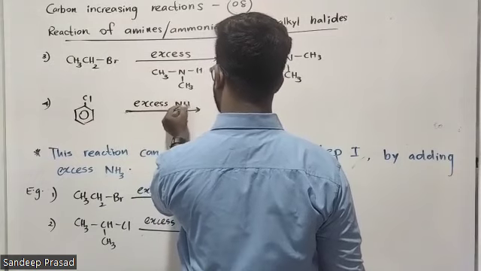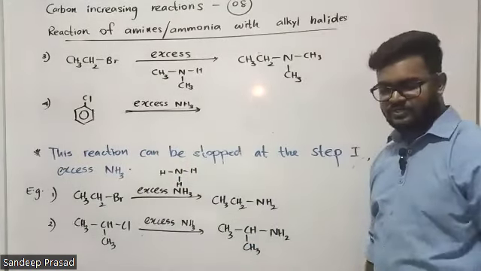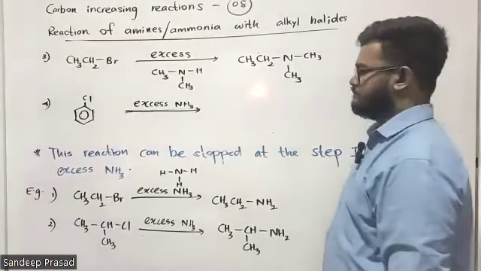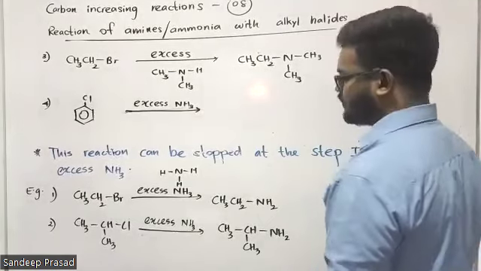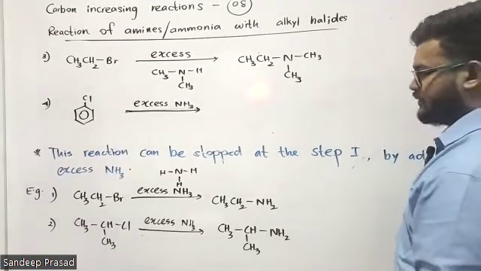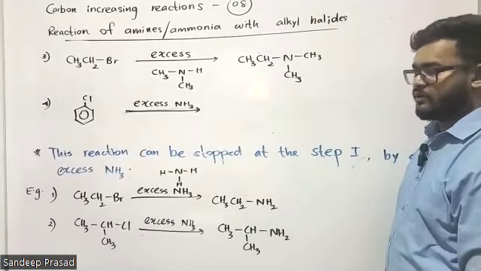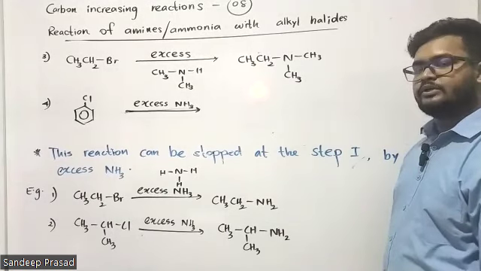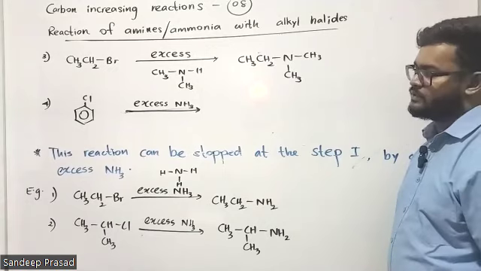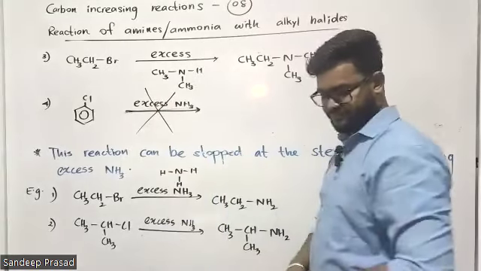Would you expect this kind of reaction? Any product from this reaction? No. Chlorobenzene, I told you that when benzene is connected to a chlorine atom, remember students, there is a partial double bond. So it's very difficult to break that partial double bond. Because of the partial double bond, that chlorine won't be able to be removed from the benzene ring by adding excess ammonia or any compound. So therefore, there won't be any reaction.